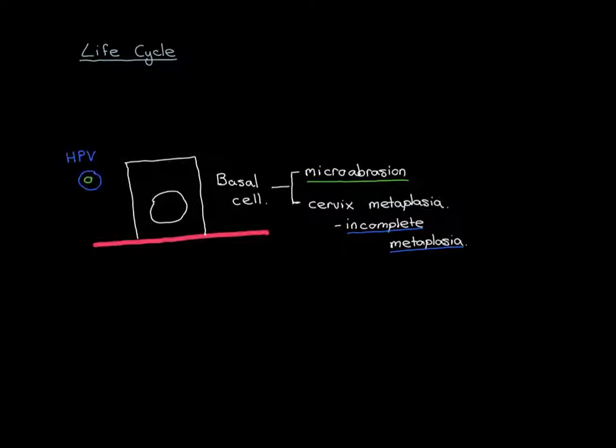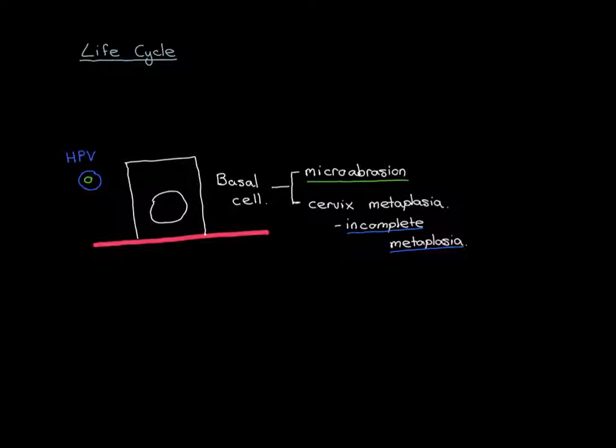Right. So, the next thing you're probably waiting for me to tell you a fantastic story of is how does the human papillomavirus get into the cell? If we're talking about HIV or influenza viruses, we have a fantastic understanding of how those viruses get into the cells. In the case of human papillomaviruses, I'm afraid we do not have that same sort of understanding. We do not have a good understanding at all of how human papillomaviruses get inside the cell.